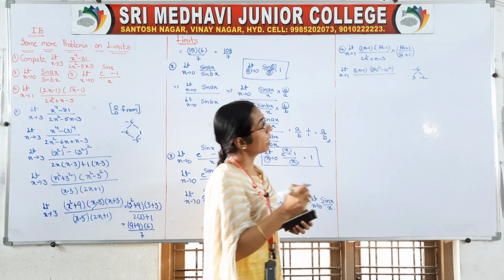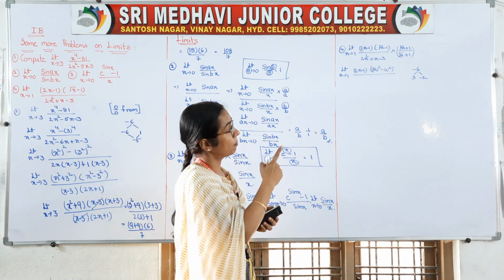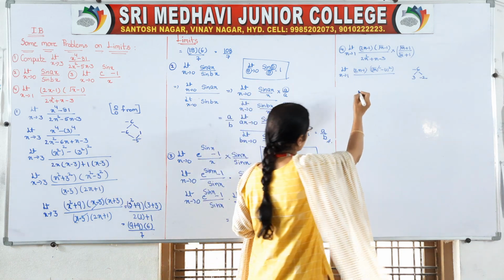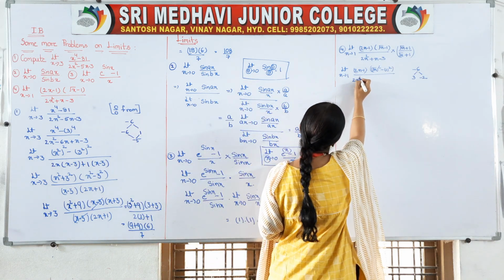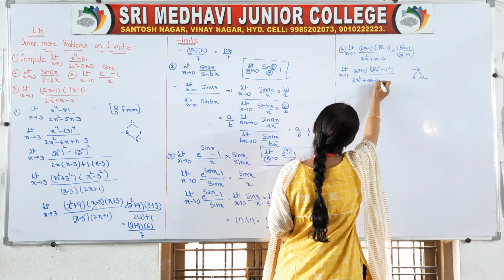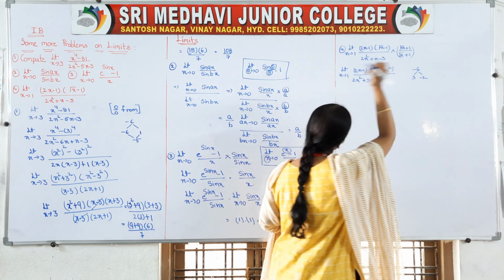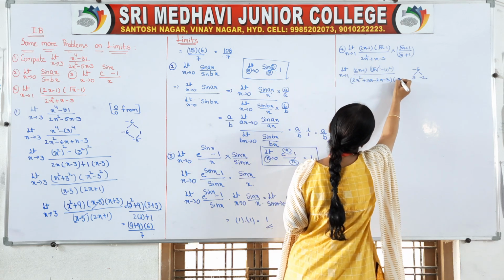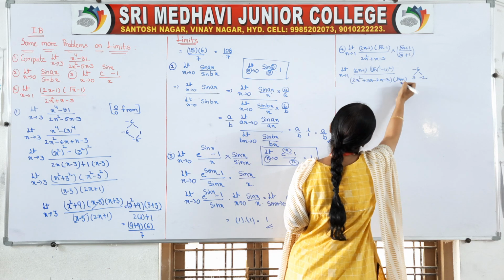So if we multiply 3 into minus 2, minus 6. If you add, you will get 1. Okay, so come on, 2x square, instead of x we will write this as 3x minus 2x minus 3. Okay, and that value remains as it is. What is that? Root x plus 1.